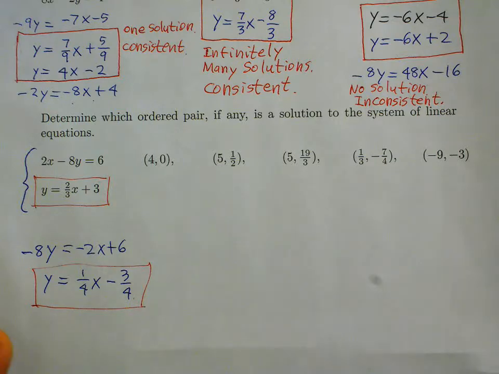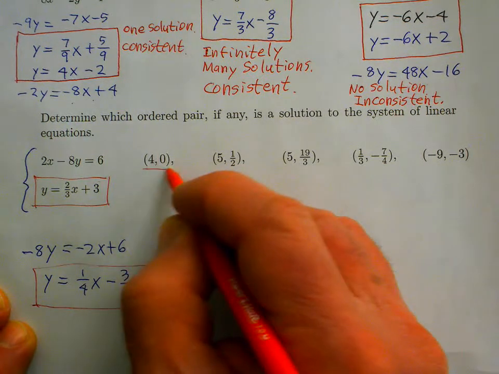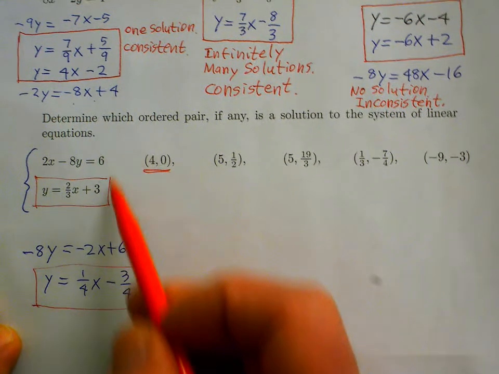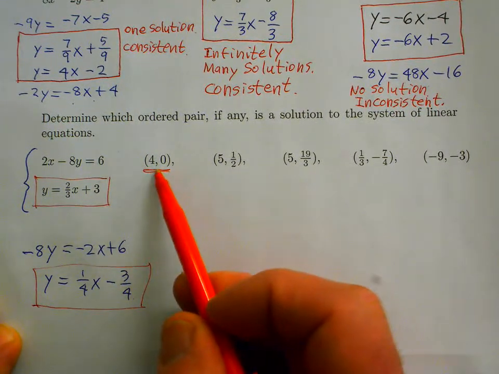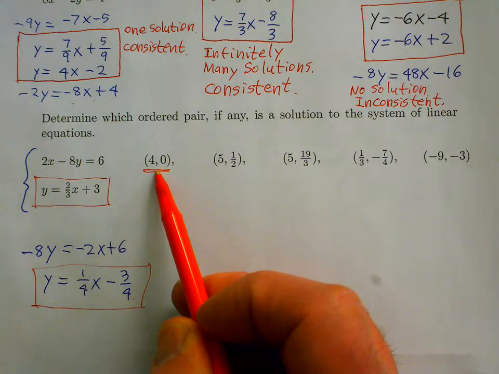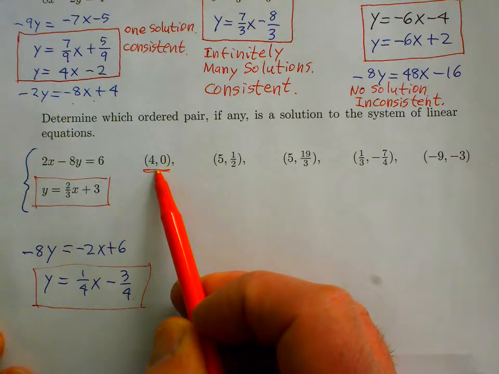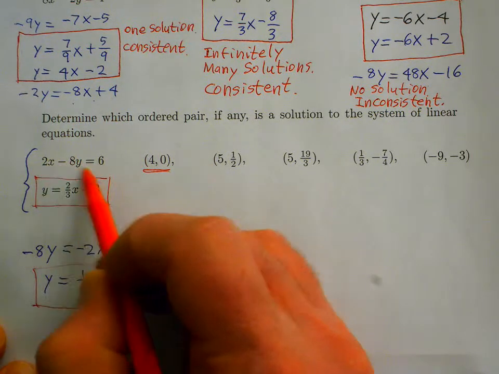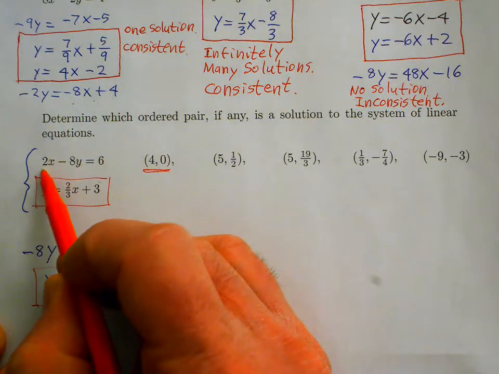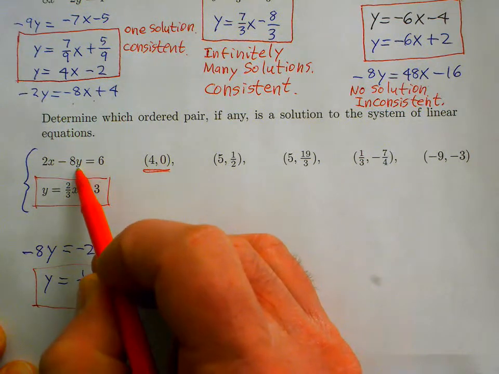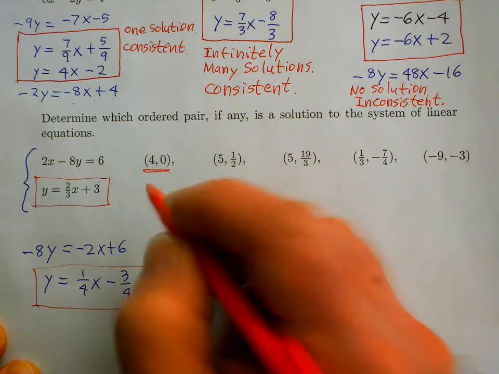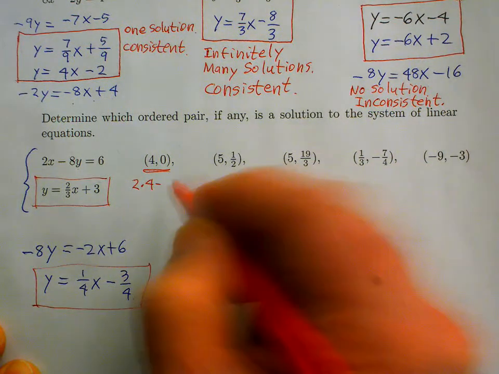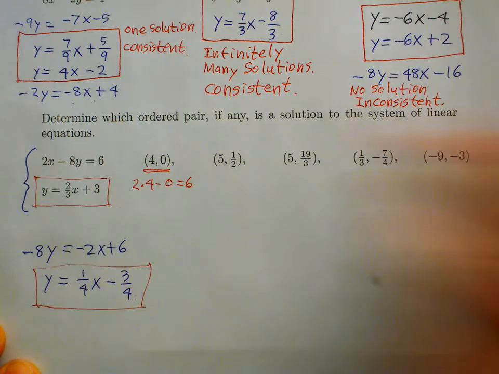Okay, so if we test 4, 0, remember what it means for an ordered pair to be a solution to a system? It means that the ordered pair satisfies the conditions of both equations. So if I just start in the top equation, replace x with 4 and y with 0, then I get 2 times 4 minus 8 times 0, or minus 0, equals 6.